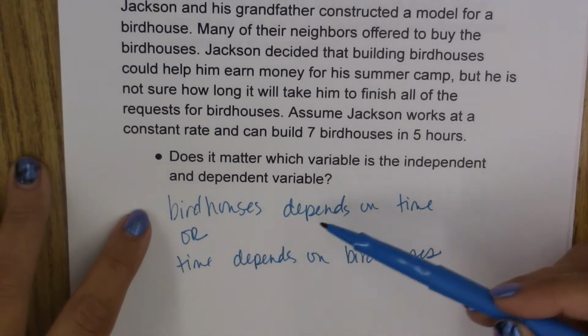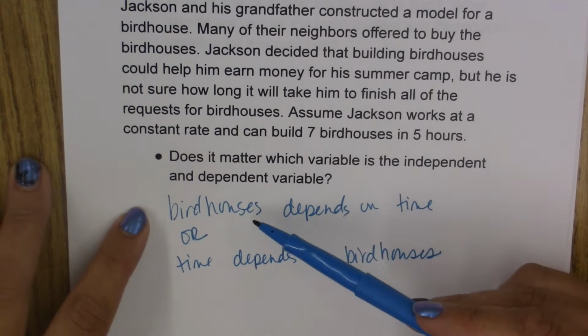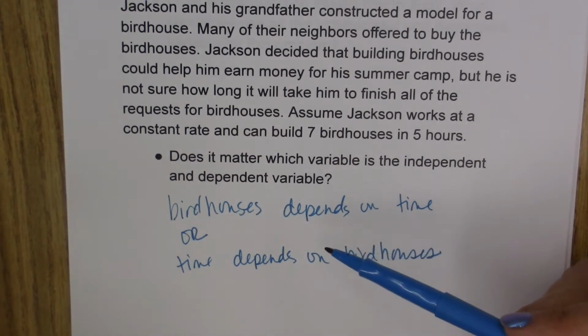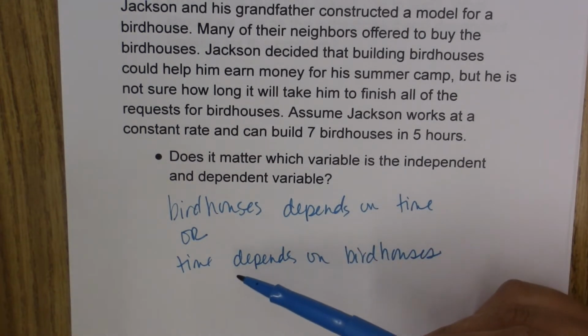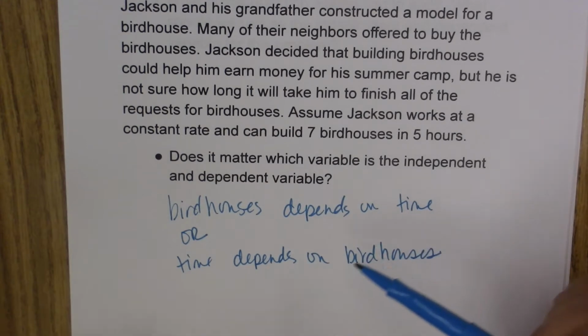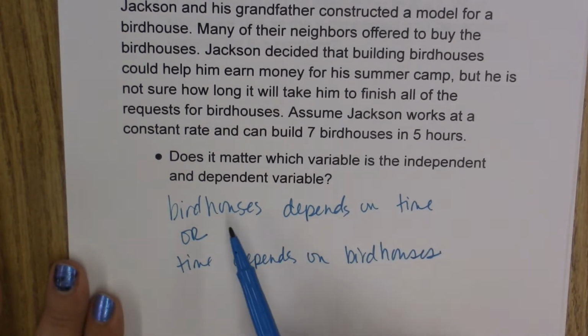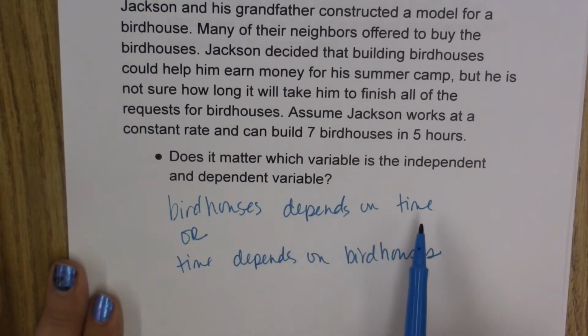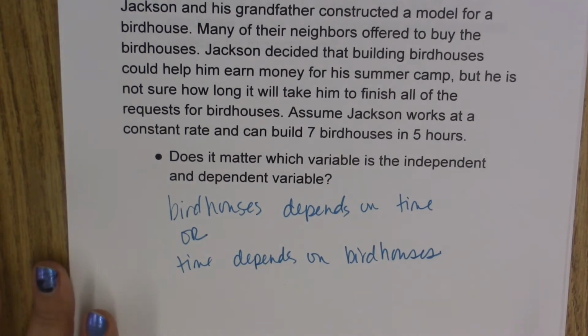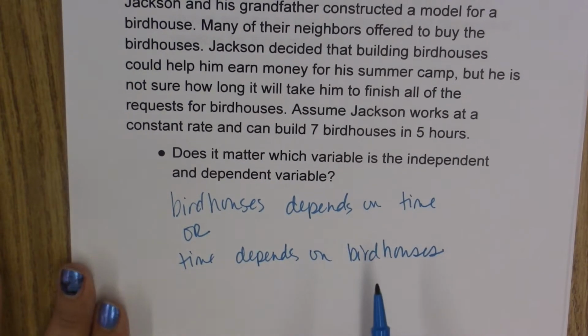So a lot of times when we're looking at what is our independent and dependent, there's a set way, like we know we can't split an egg in half, so it has to be something per egg. But for this one, it kind of depends on what we're wanting to find. We could find birdhouses depending on time, so we know how much time we're going to have, or how much time we need depends on how many birdhouses we're going to make.